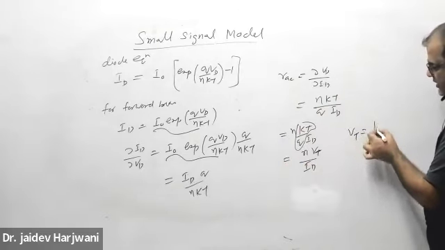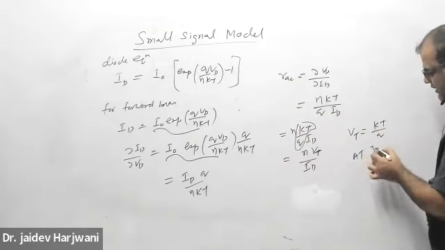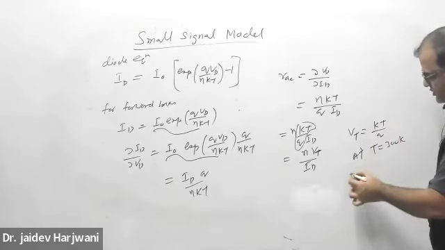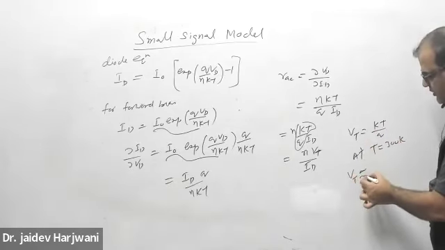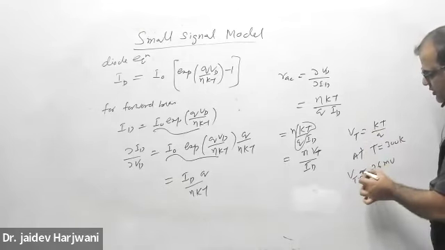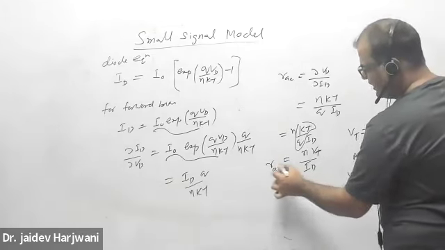VT is KT by Q at T equal to 300 Kelvin. We have already solved this, it is almost equal to 25.9 or 26 millivolt. So basically, this is your formula for RAC.